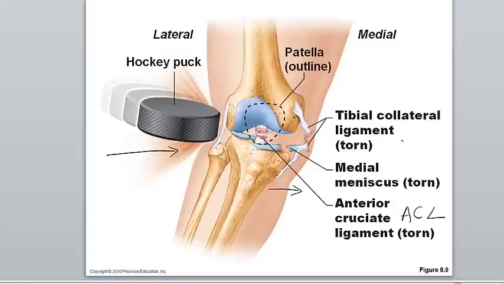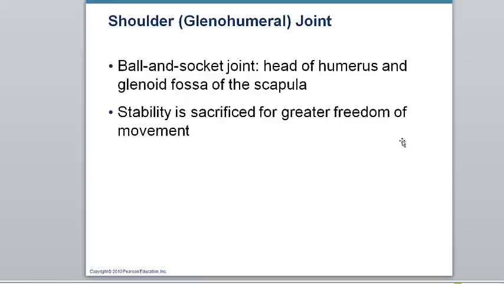This is what happens with a lateral blow: everything shifts medially and breaks everything medially. This is the reason why you need to know the 3 C's: your cartilage, that's your meniscus, your cruciate ligament, anterior and posterior, and your collateral ligament, tibial and fibular. So this concludes your knee joint.